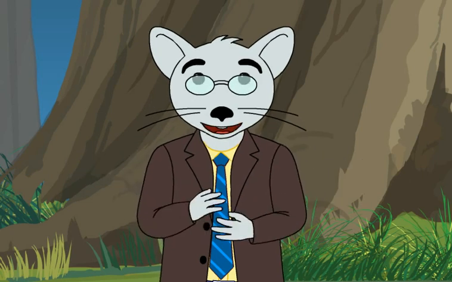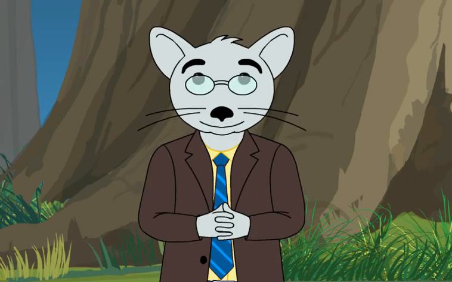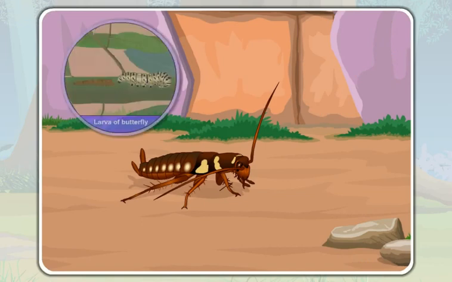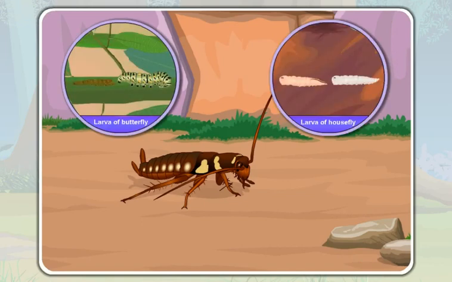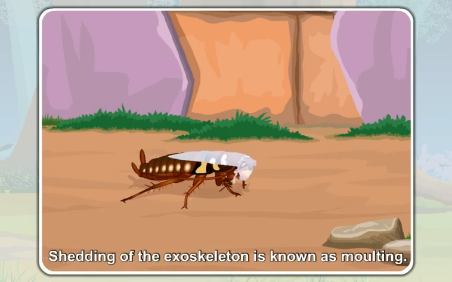A housefly larva also sheds its exoskeleton. Like the larva of a butterfly and a housefly, a cockroach nymph too sheds its exoskeleton. Shedding of the exoskeleton is known as molting.